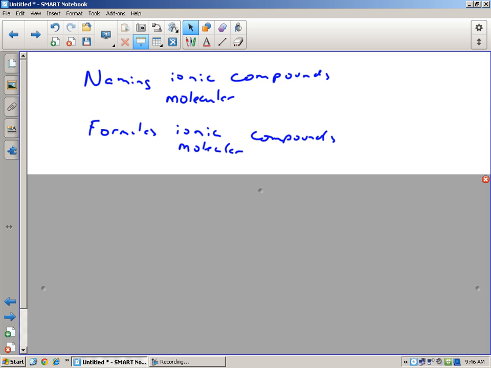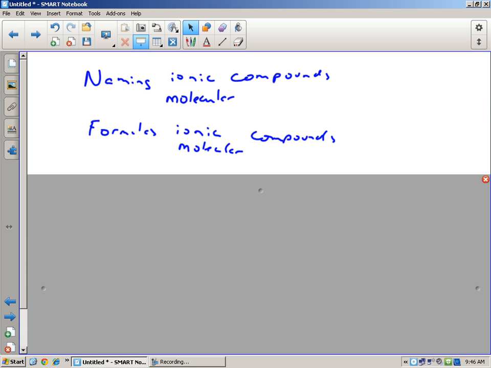Okay, I gave you a sheet like this at the beginning of the year, okay? And one had just naming and one had just formulas to do, right? So I would suggest you guys look over this sheet again, writing names for ionic compounds, and then writing formulas for ionic compounds. It was double-sided. So make sure you look over that again, make sure you review. You need to use Roman numerals in some cases, right, for ionic compounds, depending on the charge, if there's more than one charge, things like that.